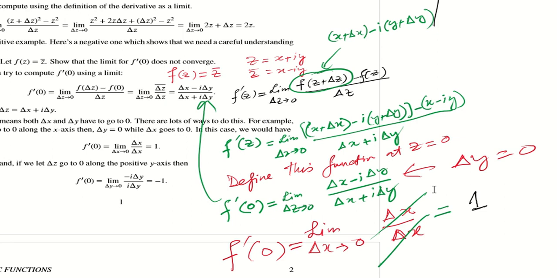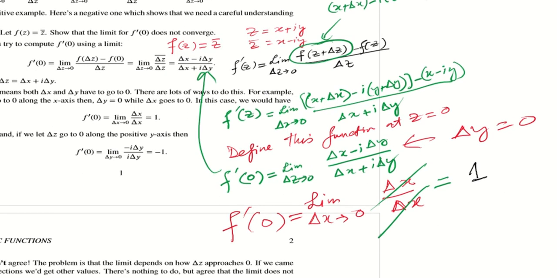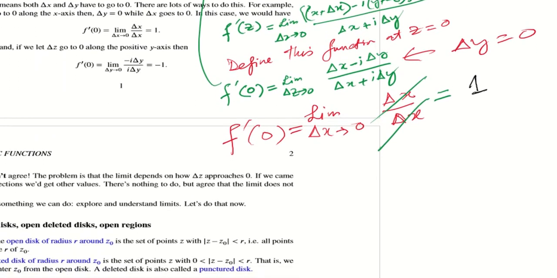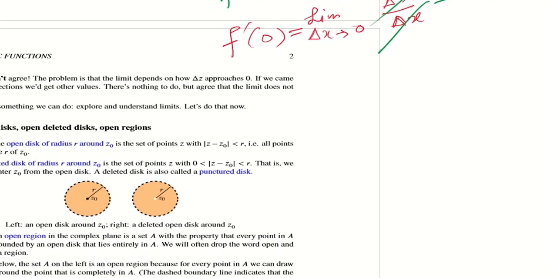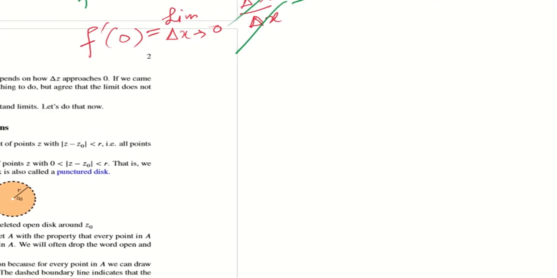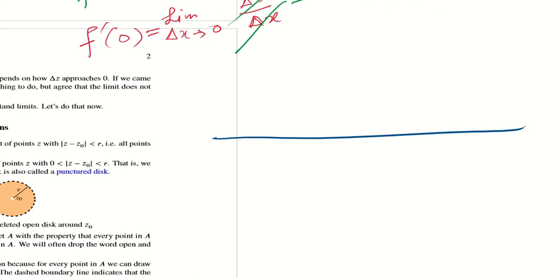Let's do it another way. So we now approach the same point 0 using some other direction. So I define it like this. So we are now approaching this point from the positive y direction that I already defined.